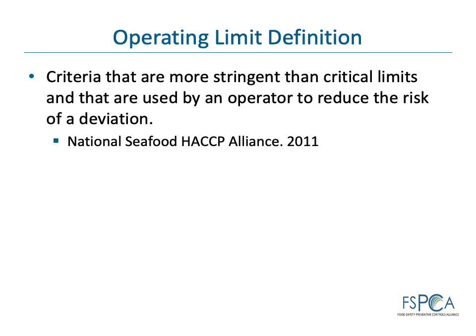Use of an operating limit allows the detection of a potential problem before a critical limit is violated because the value for the parameter is usually more stringent or conservative than the critical limit. Operating limits should not be confused with critical limits. Operating limits are established so that the critical limit is achieved before the operating limit.